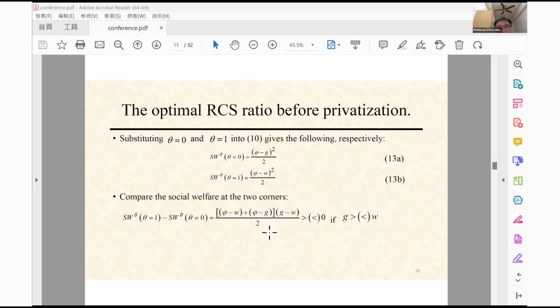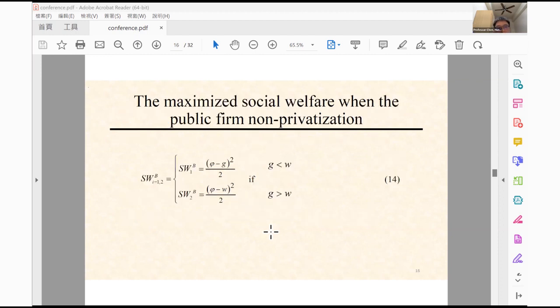Then we would like to know whether theta equals 0 or theta equals 1 gives the higher social welfare. Then we find that if G, the harmfulness of the waste, is high, the social welfare is SW2B, and if G is low, then the welfare becomes SW1B.